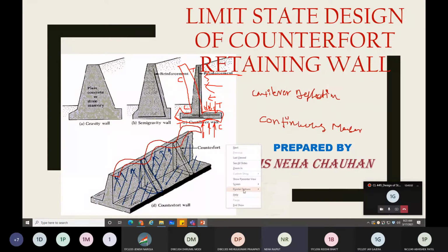In this case, this one is tension over here, here it is compression, and at the support tension is at bottom, compression is at top. Here tension is at top, compression will be at bottom. The meaning of that is whatever tension reinforcement you find, you are going to provide at the top, and here at the support you are going to provide the tension reinforcement at bottom.